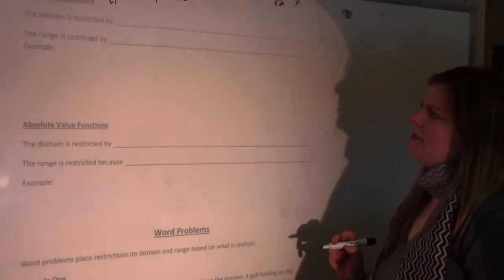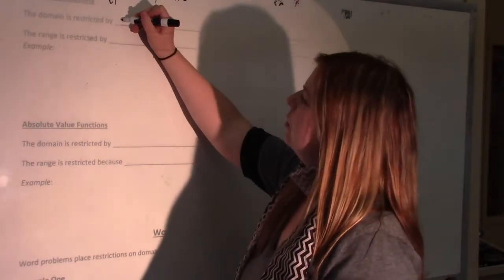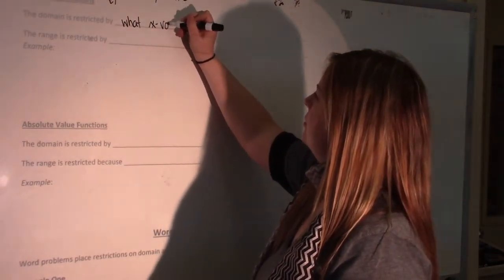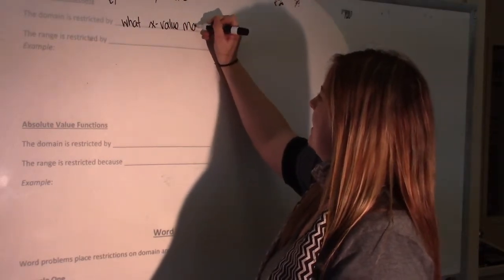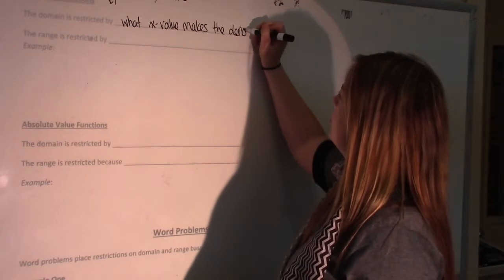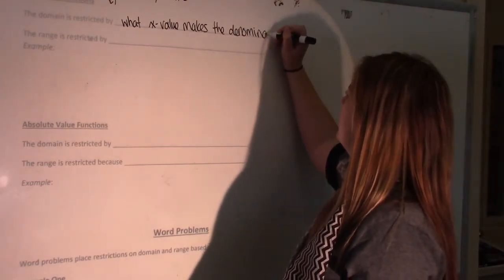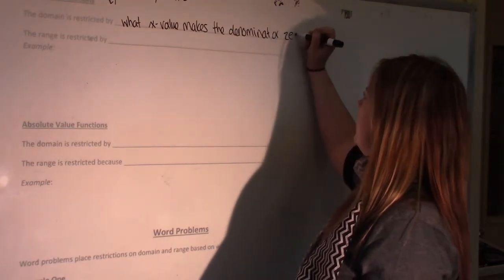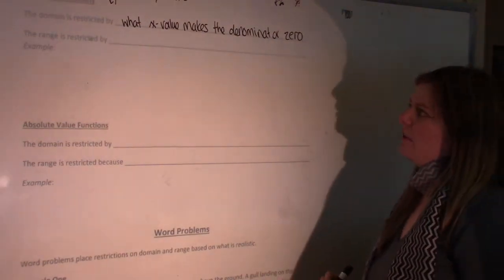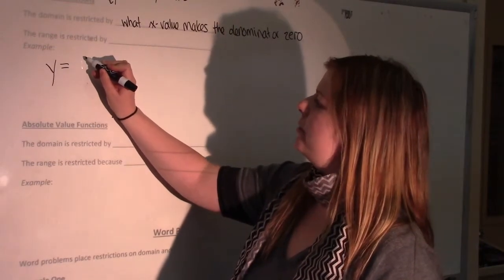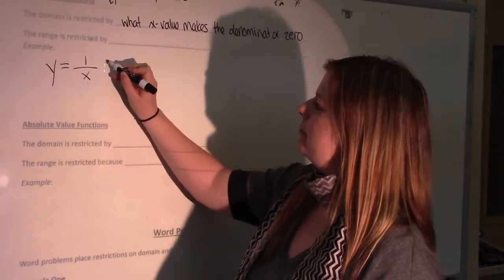So the domain is restricted by what x value makes the denominator 0. So if you look at an example, let's just say y equals 1 over x plus 3.